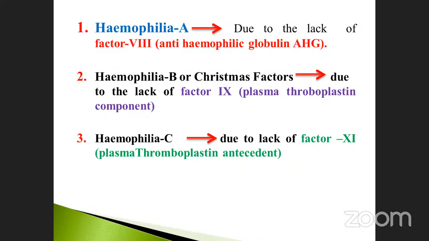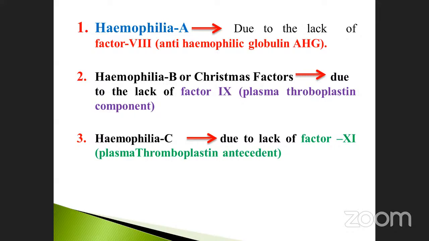Here the hemophilia is further divided, according to its nature, into three types: hemophilia A, hemophilia B, and hemophilia C. Suppose hemophilia A: what is the meaning of hemophilia A? It is the lack of the 8th factor, otherwise called anti-hemophilic globulin.